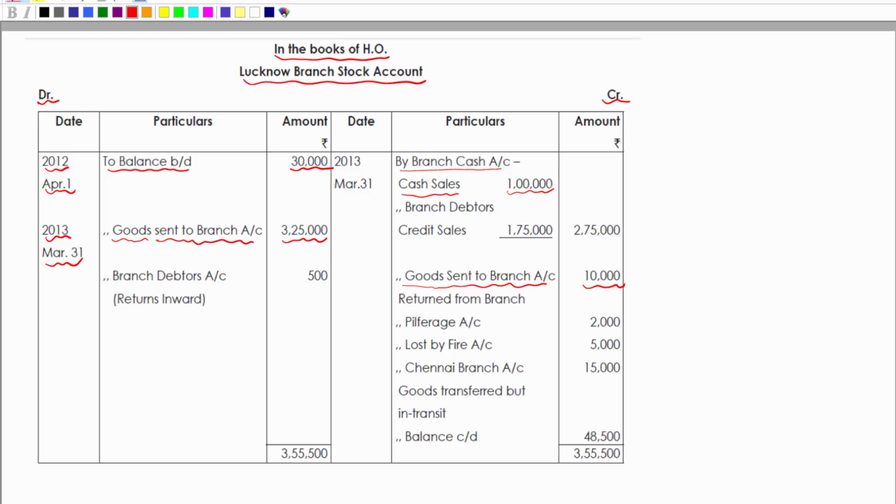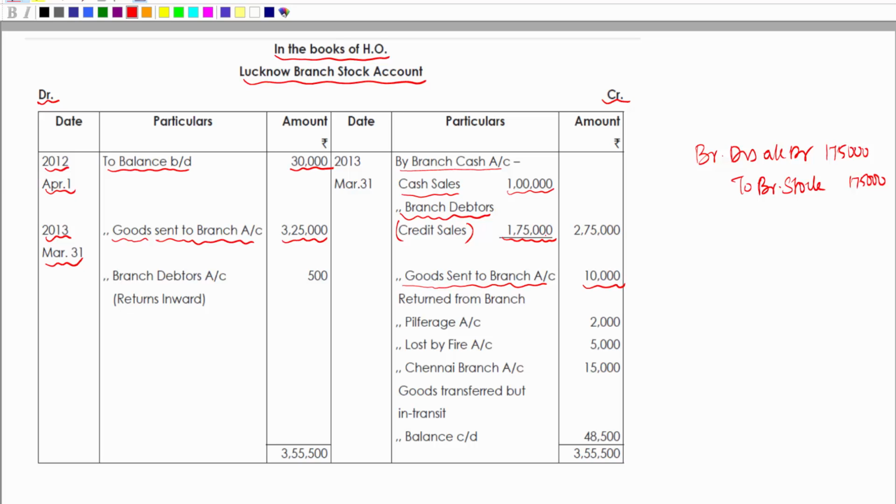Then when there is credit sale, the entry will be branch debtors account debit to branch stock account, and the value is 1,75,000.